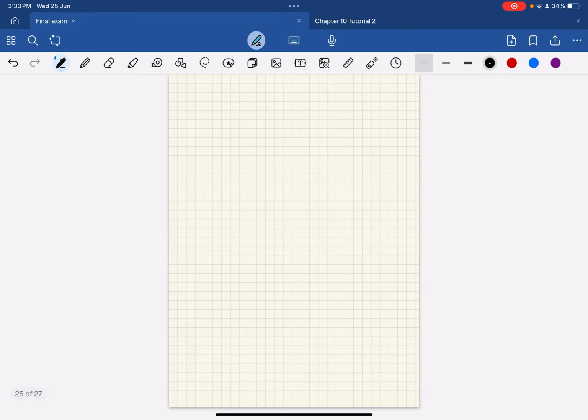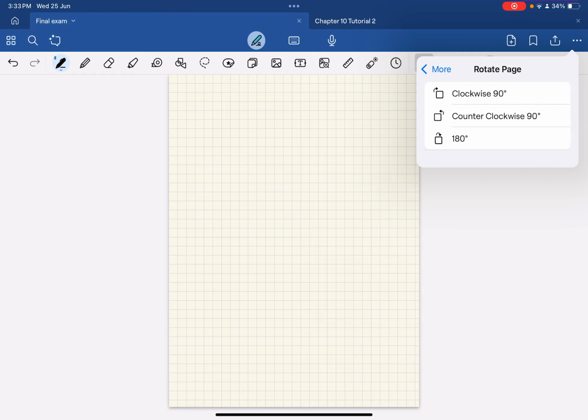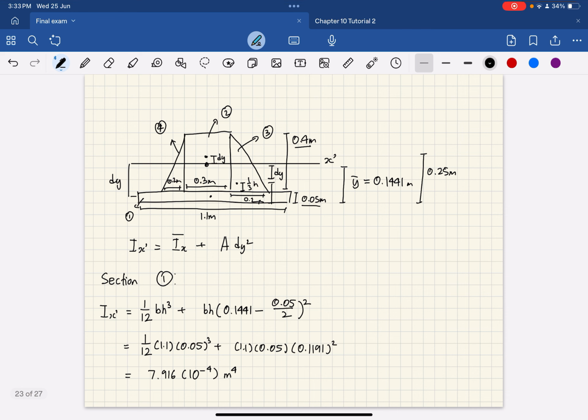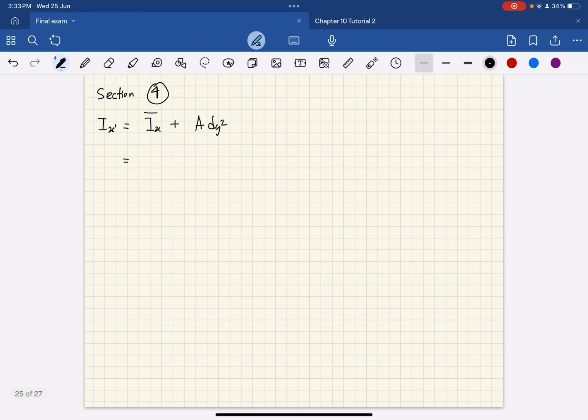Now we are doing the last section, section number 4. So therefore it is just Ix prime equals Ix bar plus A dy squared. Again, since it's also a triangle, just like section 3, the moment of inertia for this part is 1 over 36 BH cubed plus half times B times H and dy squared.